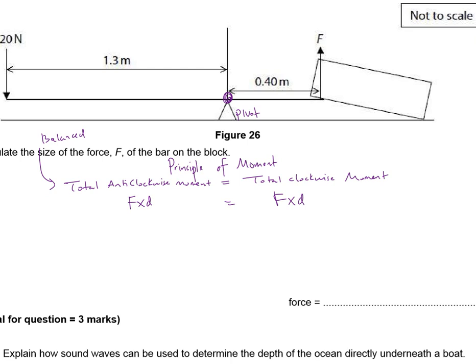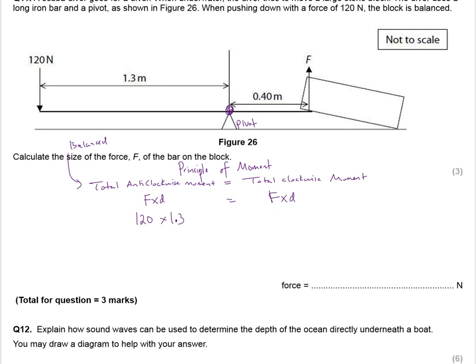Now the anti-clockwise moment is 120 times 1.3, because this is going down. And then the clockwise one is f, which we don't know, multiplied by 0.4. So therefore what we have now is this equal to force times 0.4.